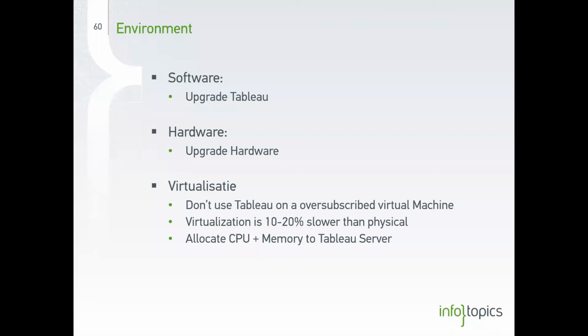So if I click somewhere, I want a result within 1 second. So that machine has to render something within 1 second and give it to me. So you can imagine that server is having to do a lot in 1 second. And if you have an old server, it will take 3, 4, 5 seconds to do it. If you get a newer server, it will maybe take half a second. So the faster the machine is, the more responsive your Tableau server will be.